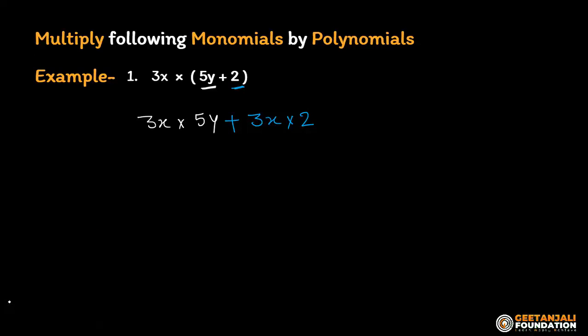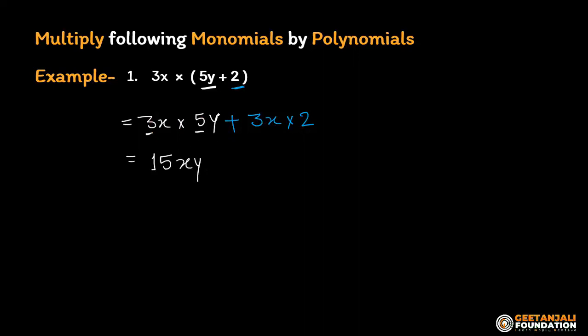So after applying distributive law, you can see that this is like multiplying monomials and this is also like multiplying monomials. So here you are getting two terms, but the law which you apply to multiply these two will be same as multiplying two monomials. So first we will multiply these two numerical terms. So 3 5s are 15, and since they are different, we will write x, y as it is.